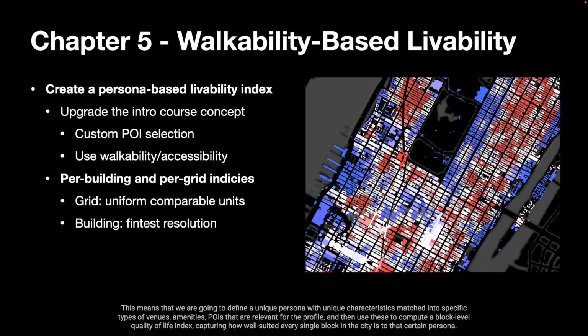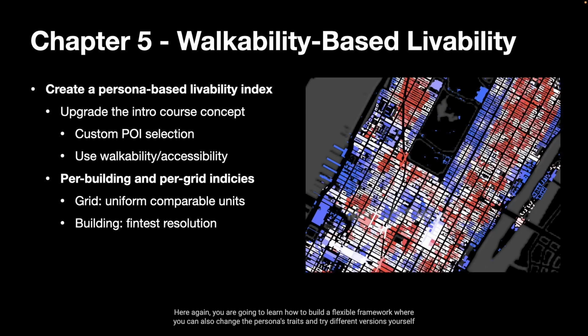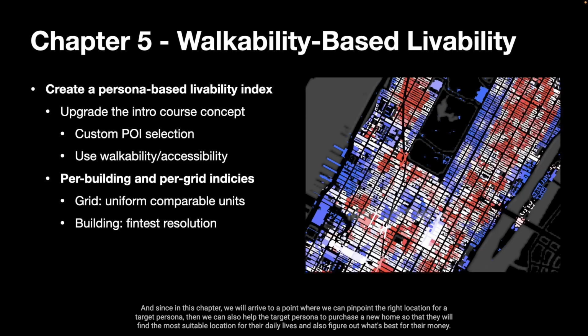This means that we are going to define a unique persona with unique characteristics matched to specific types of venues, amenities, POIs that are relevant for the profile, and then use these to compute a block-level quality of life index, capturing how well suited every single block in the city is to that certain persona. Here again, you are going to learn how to build a flexible framework where you can also change the persona's traits and try different versions yourself.